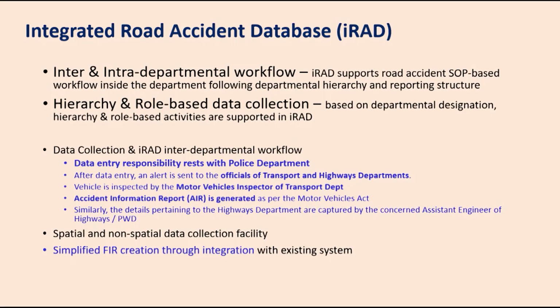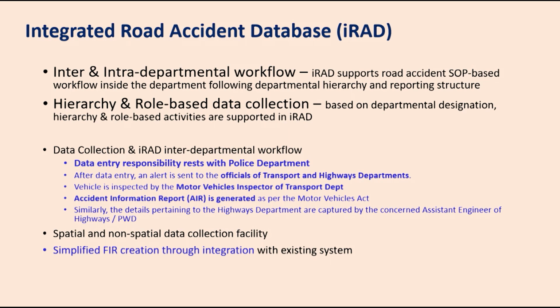So the hierarchy is placed, and data entry responsibility lies with the police department, and as soon as data entry is done by the respective policeman, an alert gets generated in the office of the transport and highway departments. They will be the next respondents; they will be able to check where the accident happened, and at the same time the MVI, motor vehicle inspector, will also get the information.